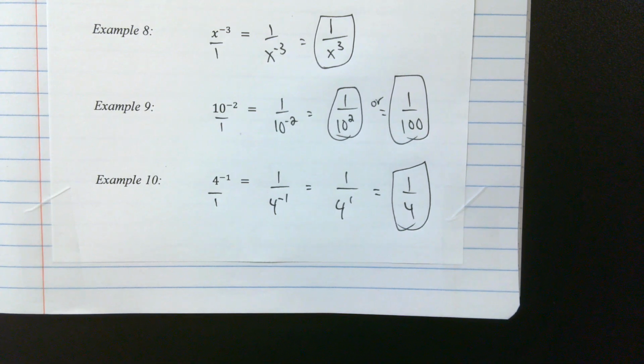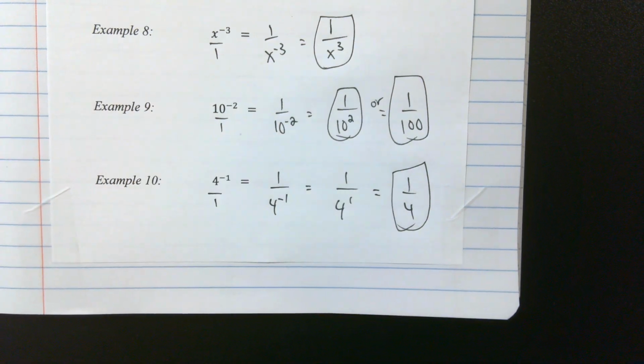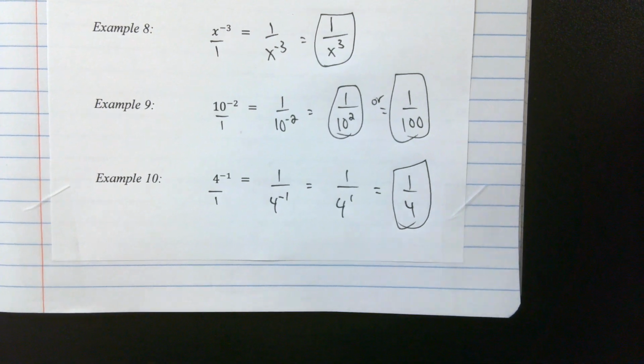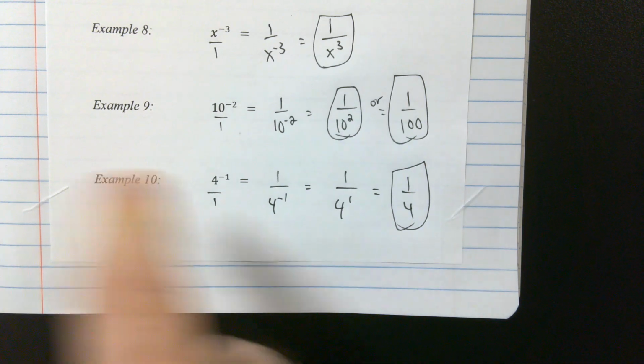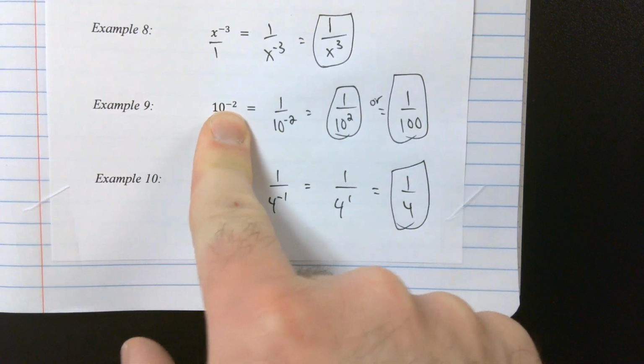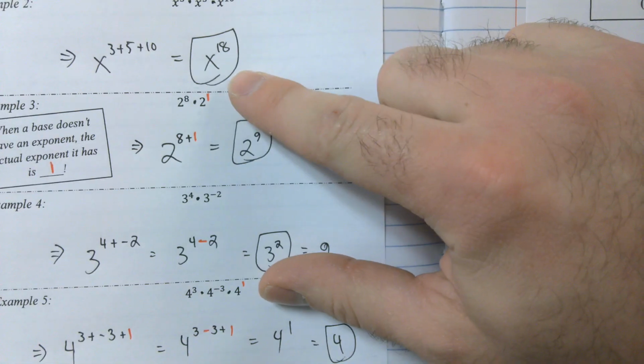So we're going to learn a couple of these rules this week. We're just starting with the product rule right now. We're going to learn the second rule after the break. But anytime you are doing any of these rules, if your answer has a negative exponent, you then have to take these 3 steps to switch it up. If you get a positive, perfect.